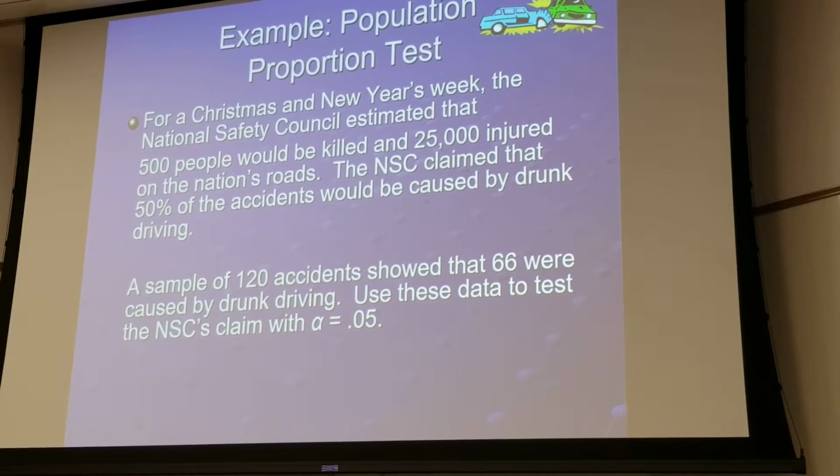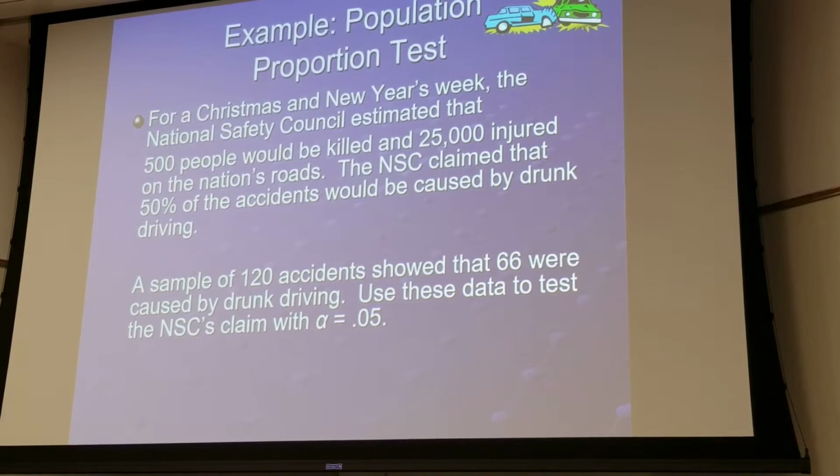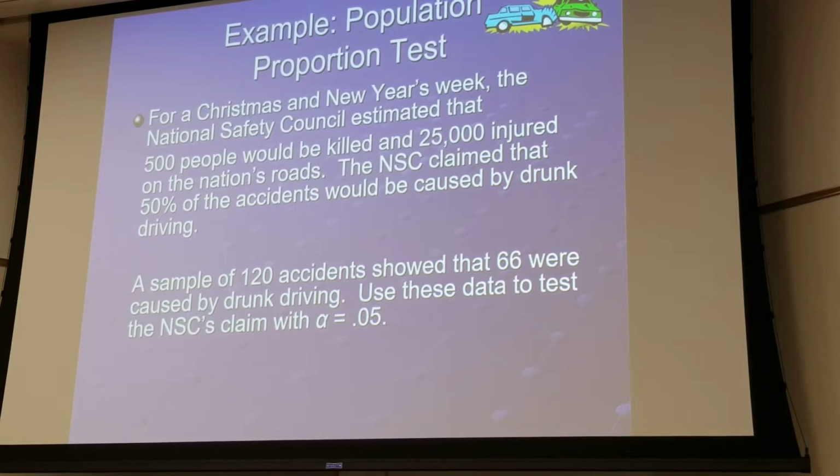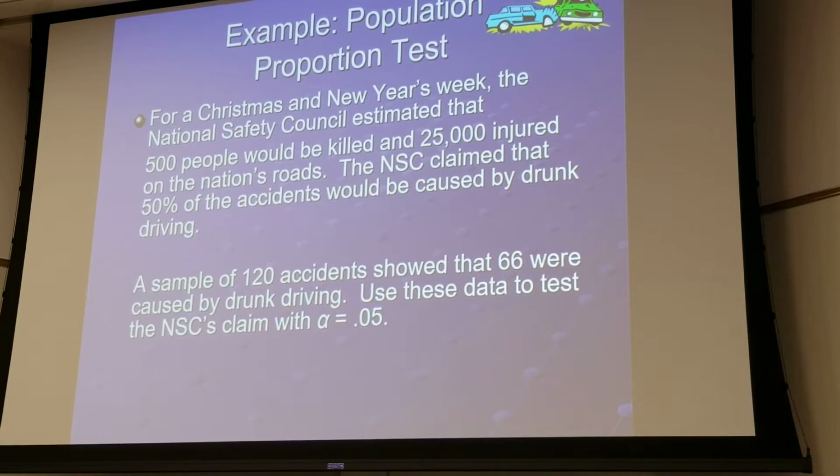This says for Christmas and New Year week, the National Safety Council estimated 500 people would be killed and 25,000 injured on the nation's roads, and 50% of the accidents would be caused by drunk driving.